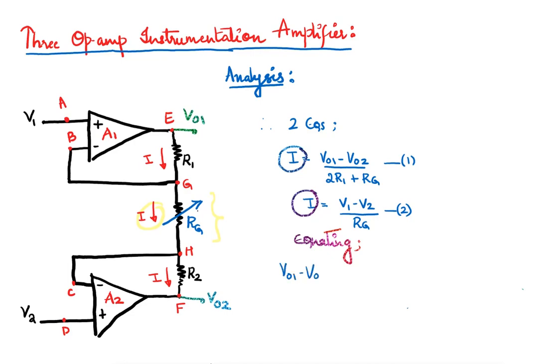So V out 1 minus V out 2 divided by 2 times R1 plus Rg will be equal to V1 minus V2 divided by Rg.